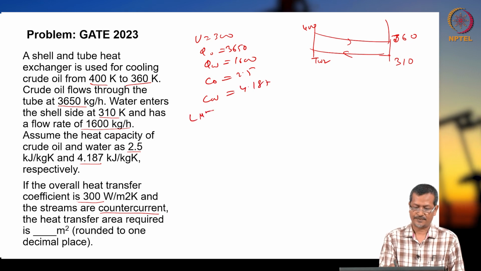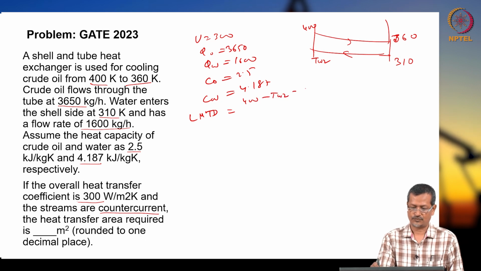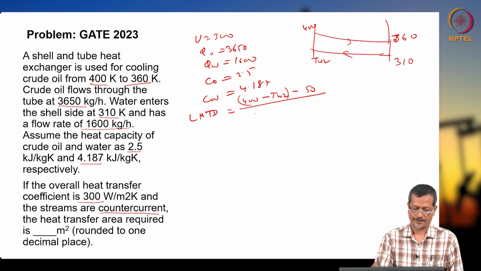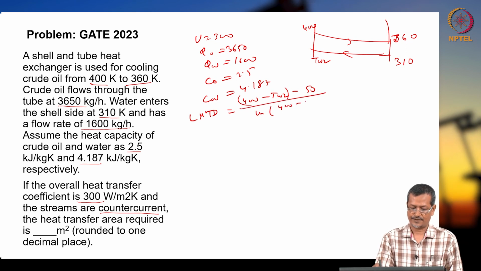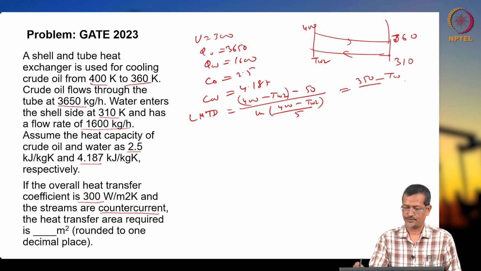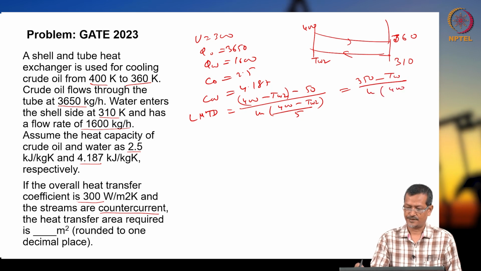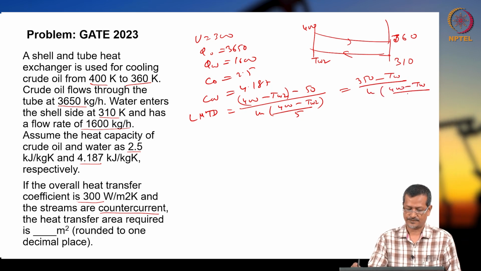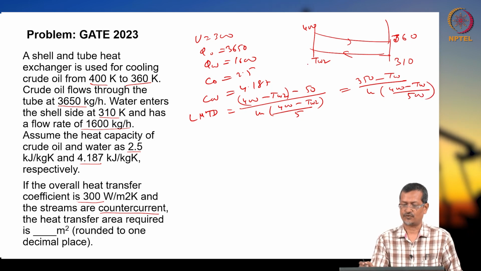So LMTD equals 400 minus TW2 minus 50 divided by ln of 400 minus TW2 over 50, which equals 350 minus TW2 divided by 400 minus TW2 over 50. TW2 means exit temperature of cold fluid.